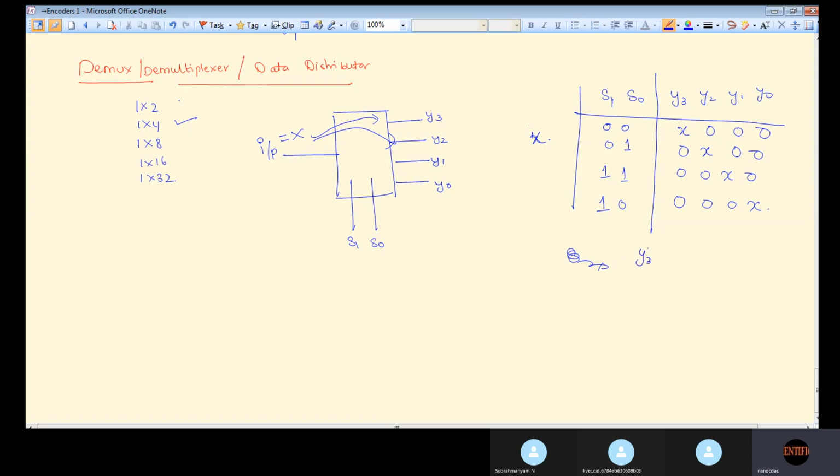S1 bar S0 bar. y2 is equal to S1 bar S0. y1 is equal to S1 S0 bar. 0 1 1, right? And y0 is S1 S0.